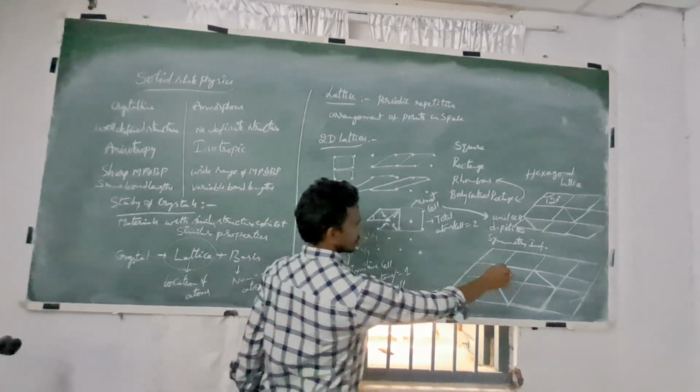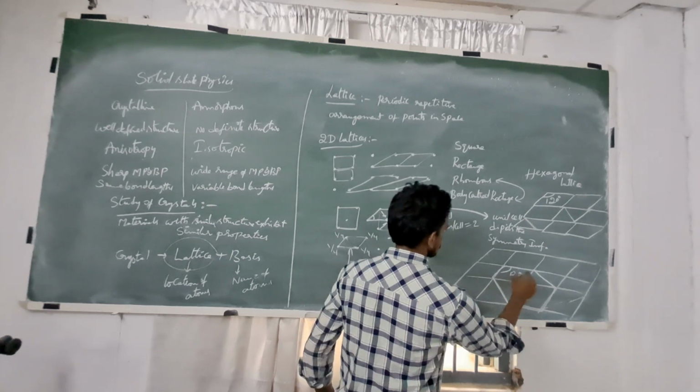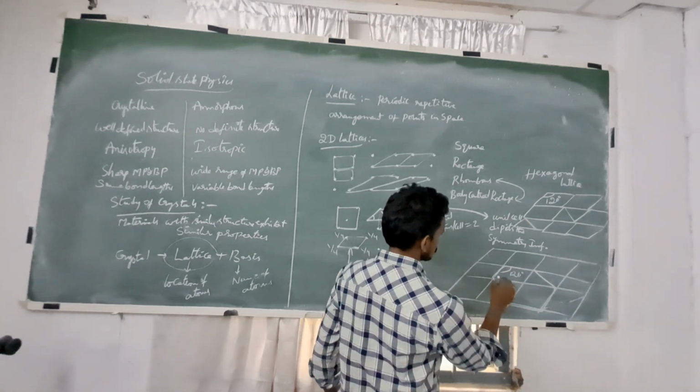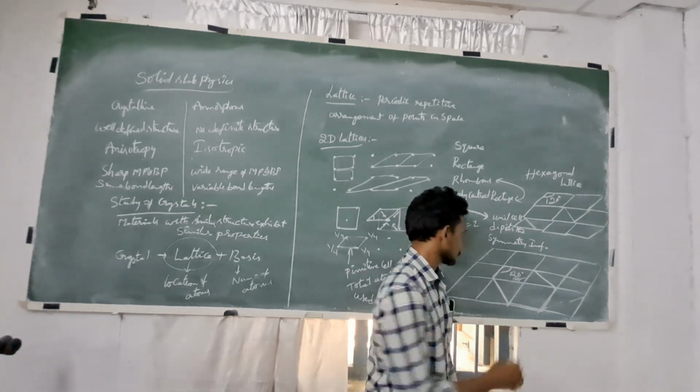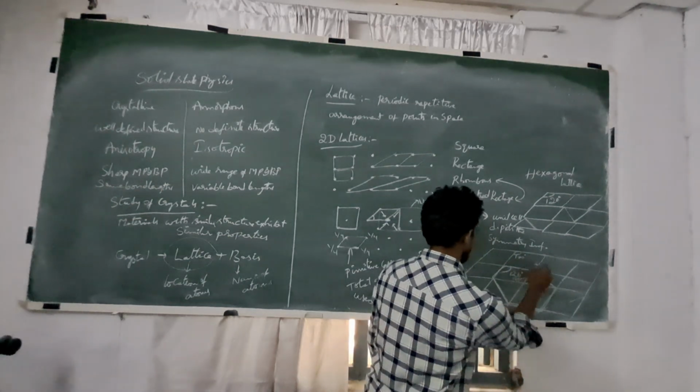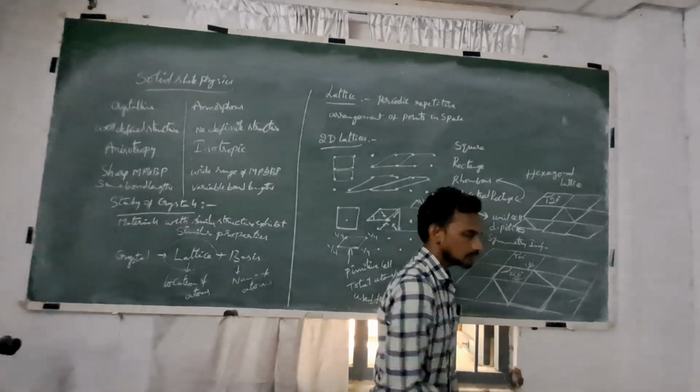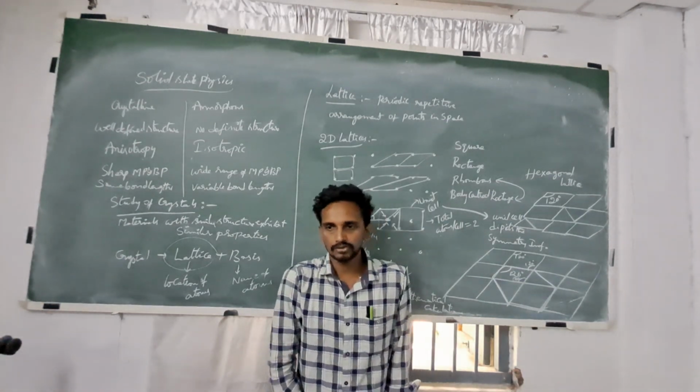Once you fix one angle at 120, you are repeating the same structure, right? So this is 120 and 120. What are the rest of the angles? 120 and 120. Total is 360, right?